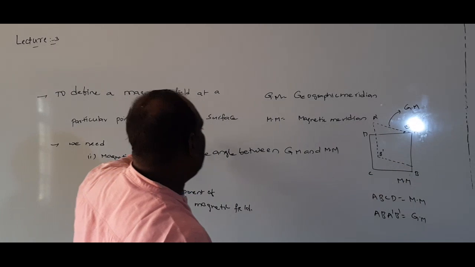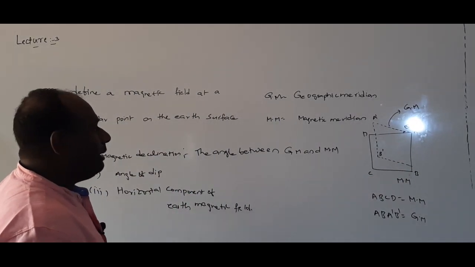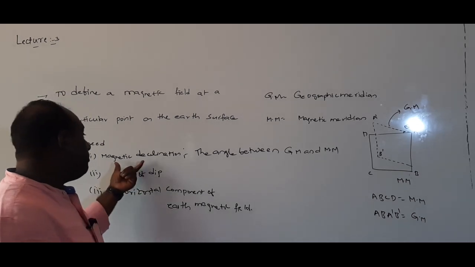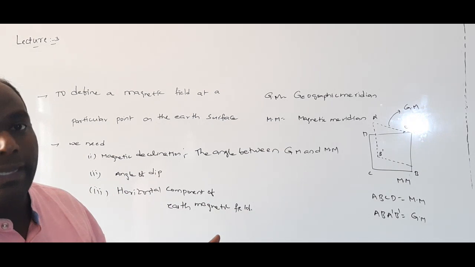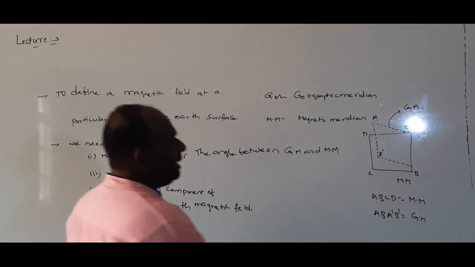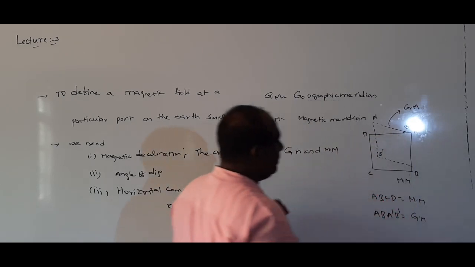We can write this as theta. This theta is the angle between the geometric meridian and magnetic meridian. Once again, magnetic declination is the angle between the geometric meridian and the magnetic meridian. ABCD is the magnetic meridian, and this is the geometric meridian.